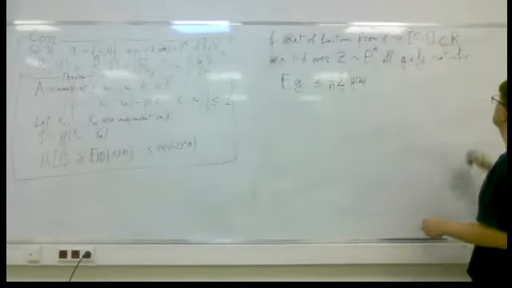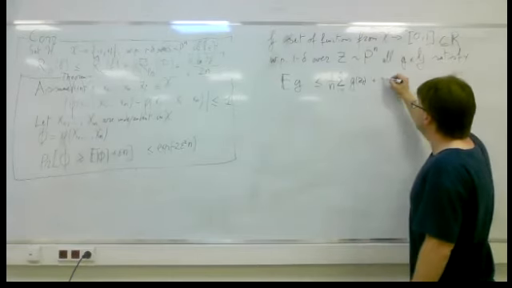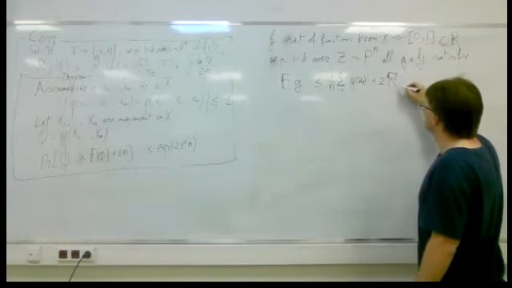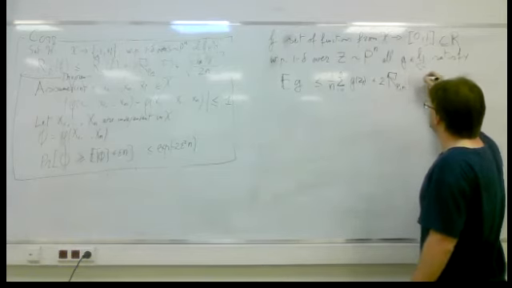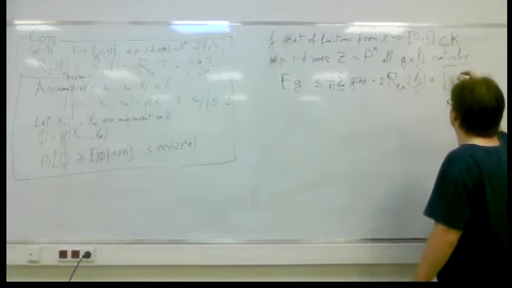Okay, let me write it. We will have 2 times the Rademacher complexity Pn of G plus the square root term.